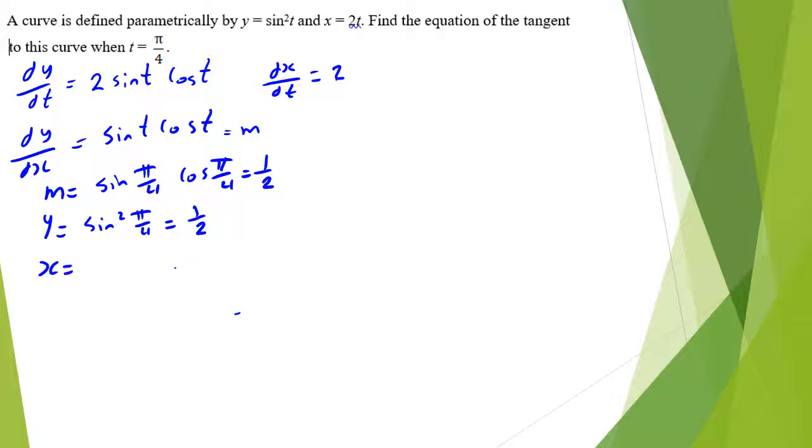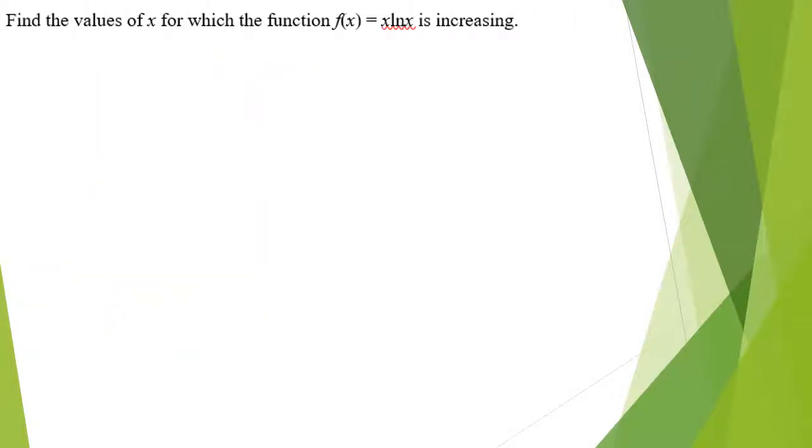And now the x, by substituting pi over 4 in the x equation, you end up with pi over 2. Now the equation is y minus half equals half, open a bracket, x minus pi over 2. You can leave it up to this stage, or you can further simplify or expand, it doesn't matter, but you can leave it here because that's the equation.